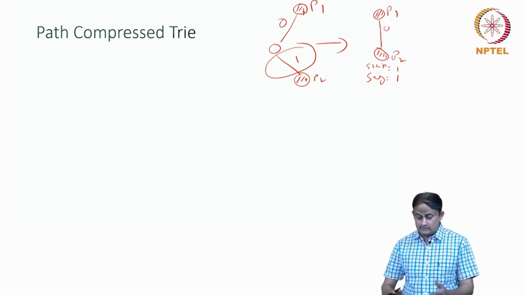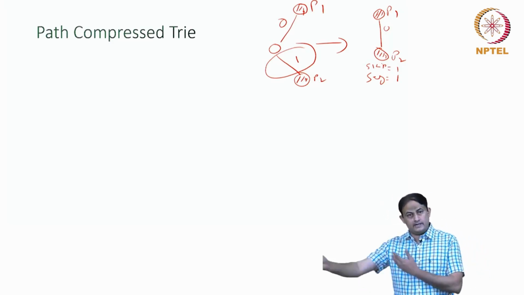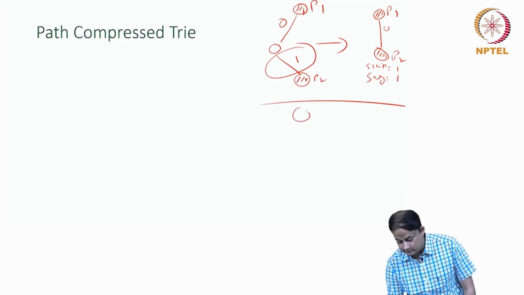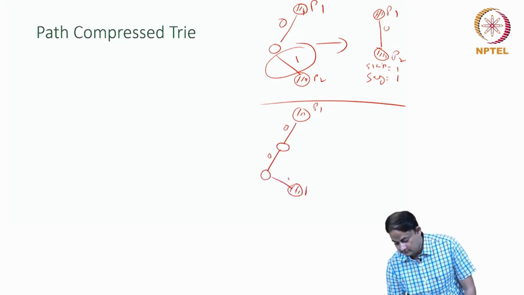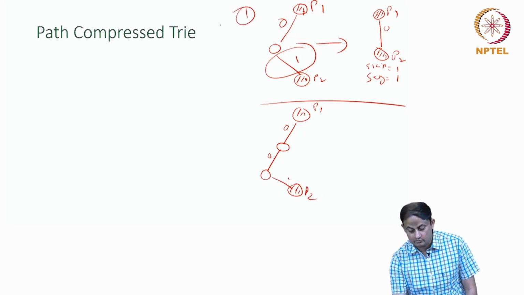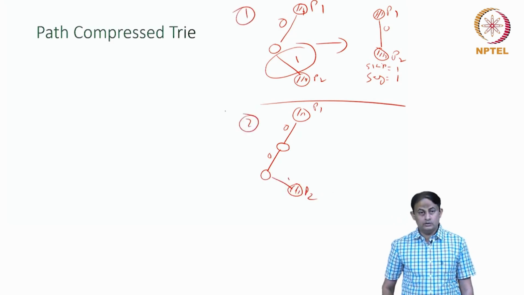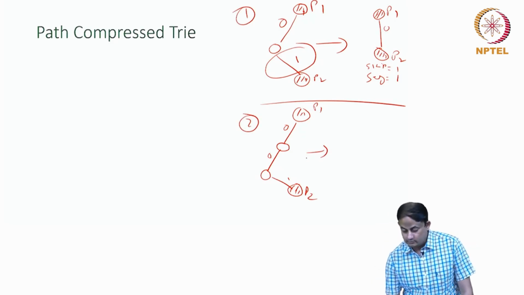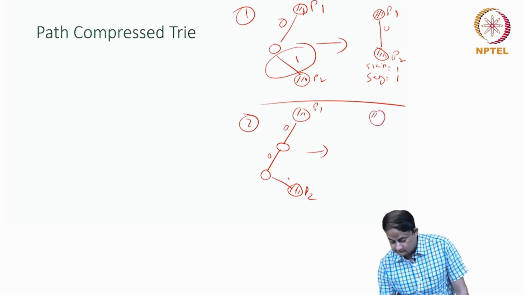It is not necessary that only one bit is skipped, it might be more than that. For example, this is one example. If I have a trie which is in this format, a 0, 1 and then a 0 and then a 1. So, this is my P2, this is example number 1, this is example number 2, and when I do this version, what I want to do is to get this.